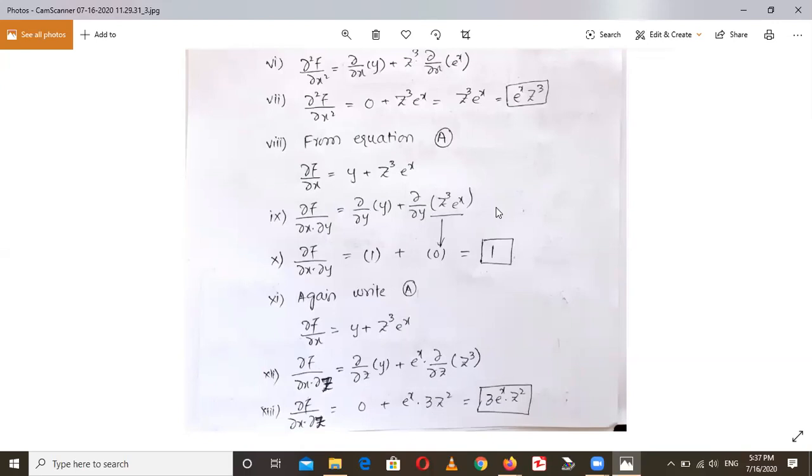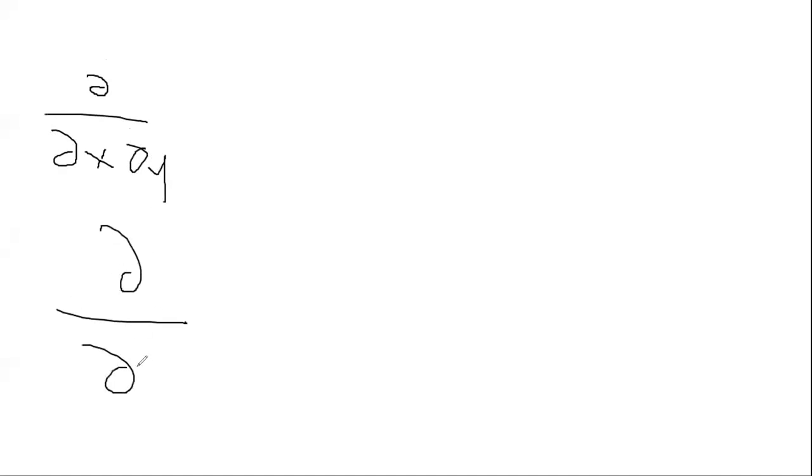Let me share my screen. Can you see my screen? In step 9, you were writing like this, how is it different from this one?